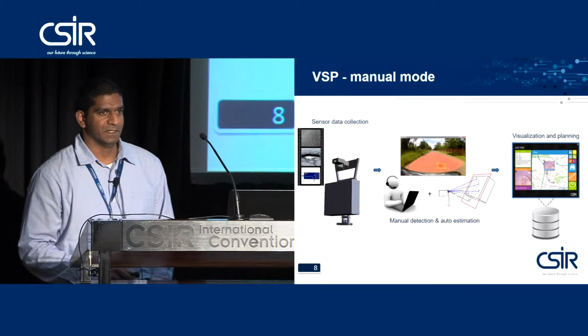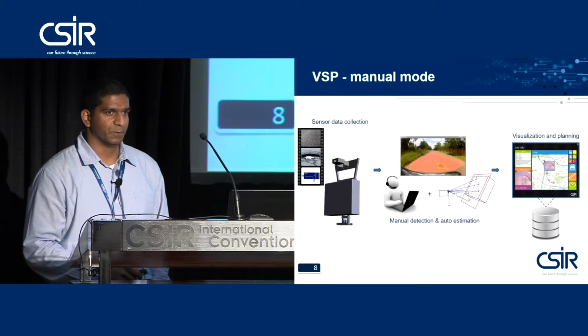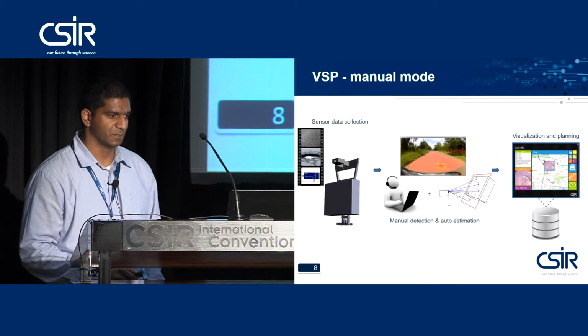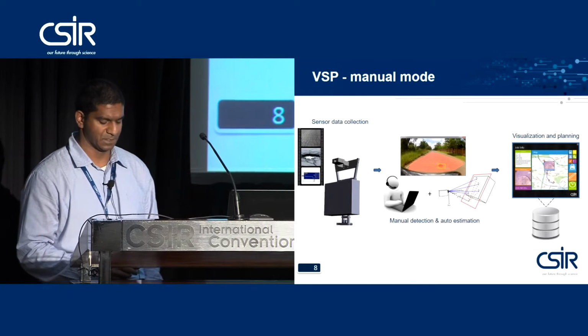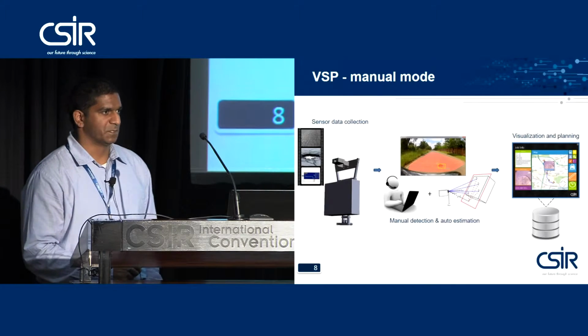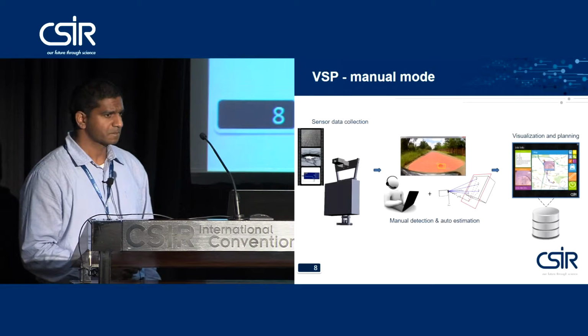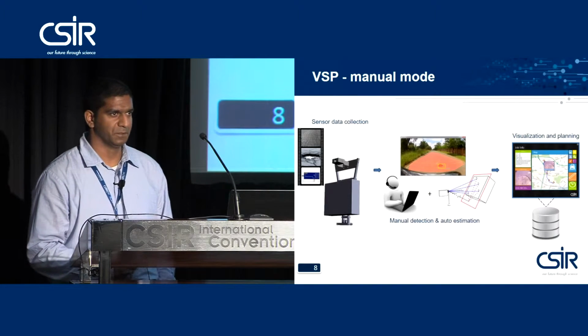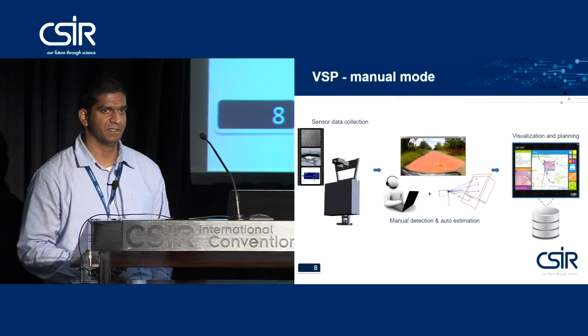After that, we realized that we achieved a certain accuracy with regard to the detection and estimation with the autonomous mode, and we found that there was always a need for putting the human back in the loop. So we developed another mode as part of the same system, which allows a human operator to watch the video stream, and the human replaces the algorithm that does the detection.